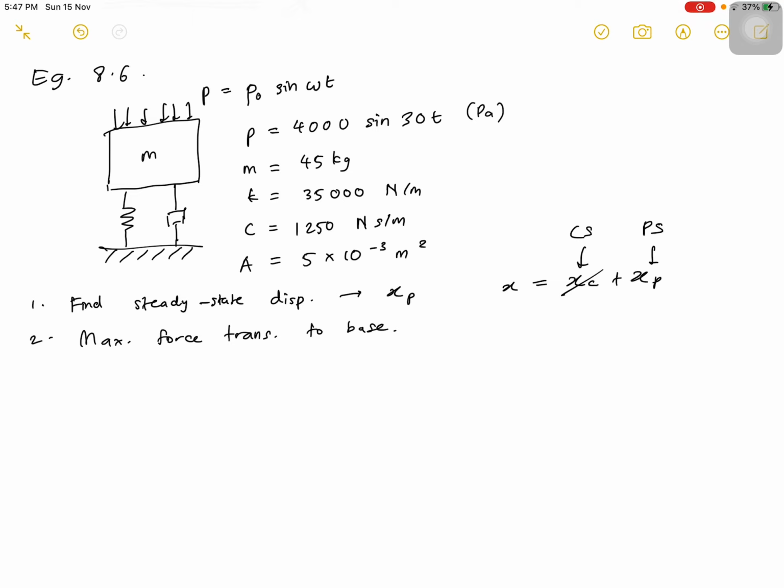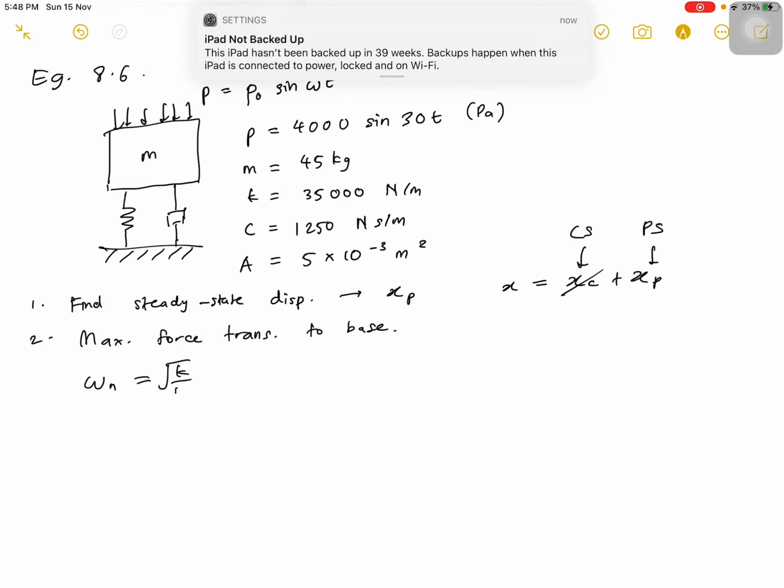So for the initial step to do the solution, usually we need to find the natural frequency. Why do we need to find the natural frequency? Because after that we can get the damping ratio. So we use the formula.